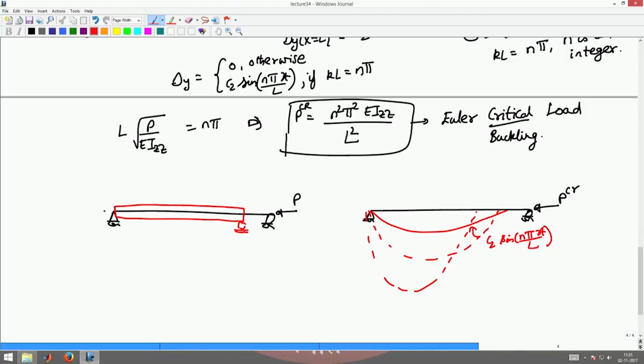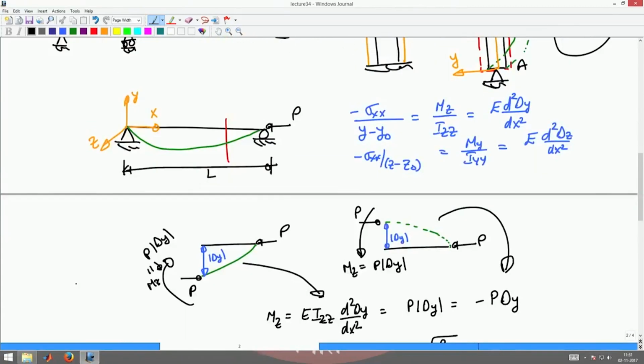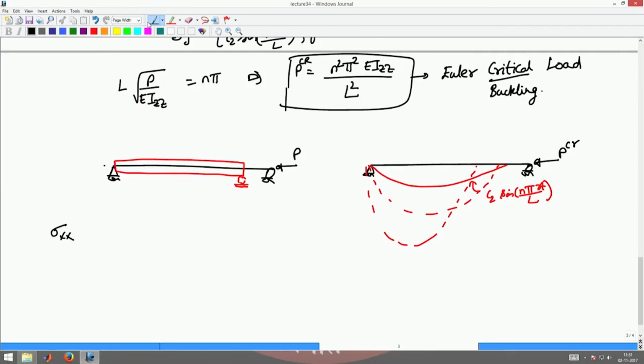Now when it continues to deform, let us see what happens to the stress sigma xx. We did not use this part of the equation yet, so let us use that. Sigma xx is Mz by Izz into y minus y naught. This is due to bending.